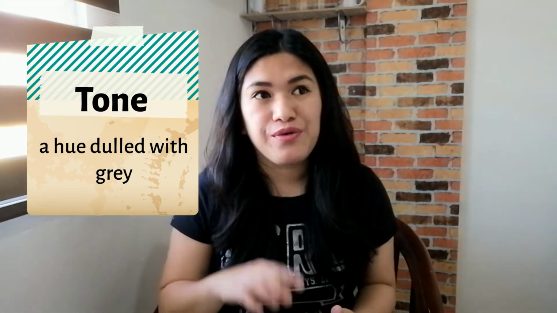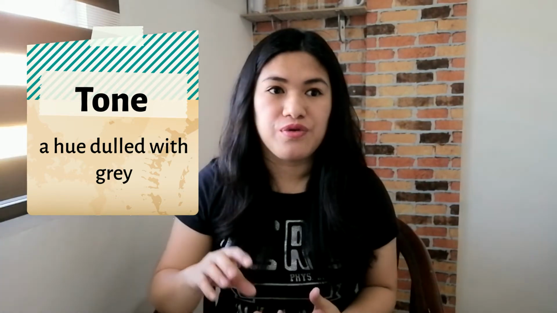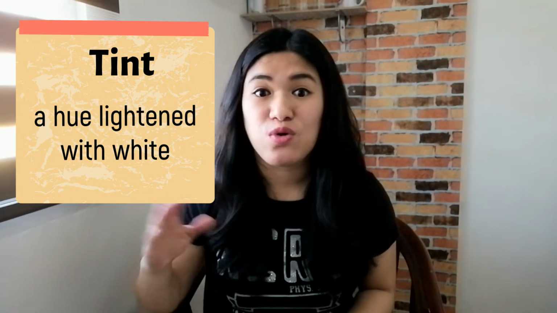And then, we have the tone. Tone naman is yung basic color plus the gray color or yung combination ng white and black. And then, we have the tint. Tint naman is combination siya ng basic color or ng pure color and then plus white.